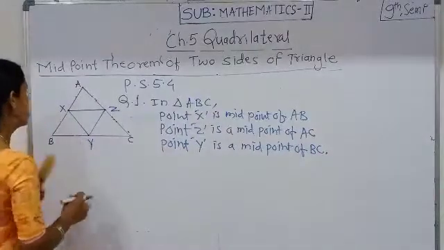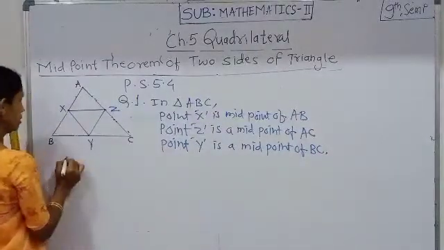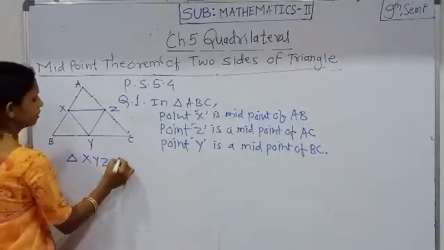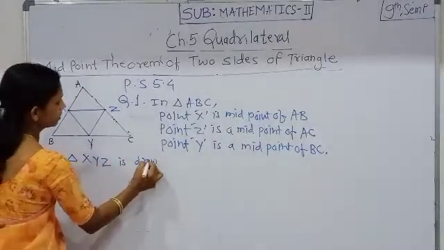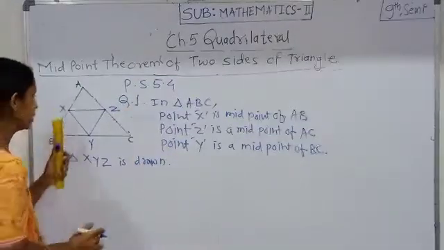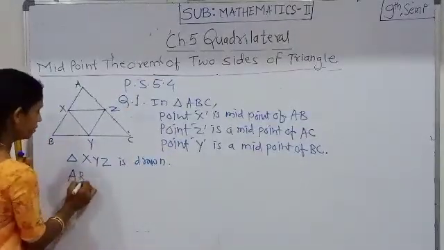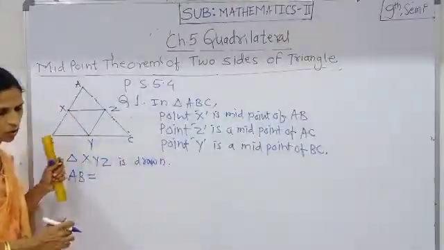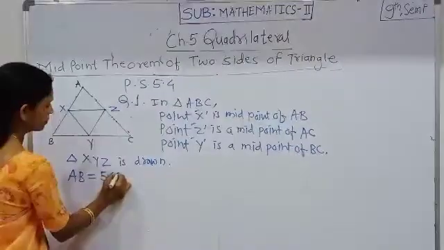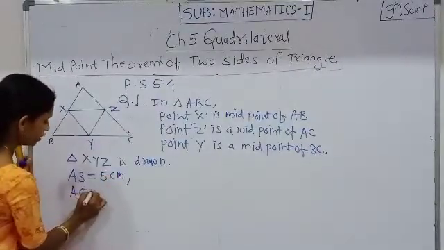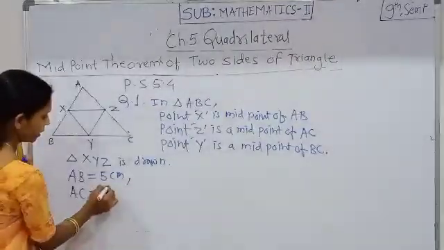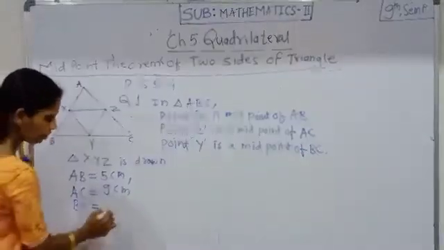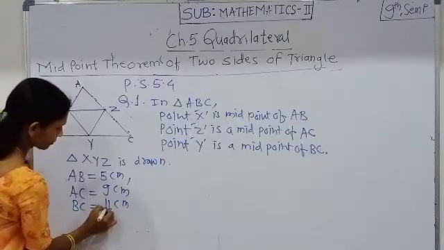And here the triangle XYZ is drawn, and the side AB is given as 5 centimeter, AC is 9 centimeter and BC is 11 centimeter.